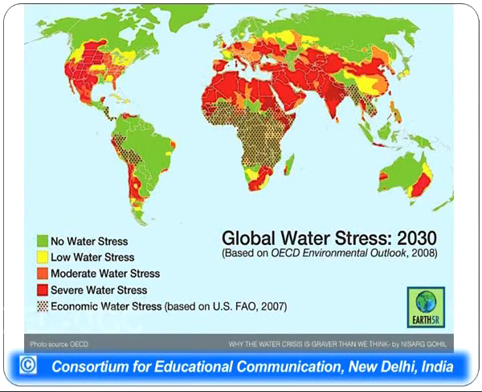As you know, safe drinking water is a very important component of food security. And now you can see the distribution of global water stress.